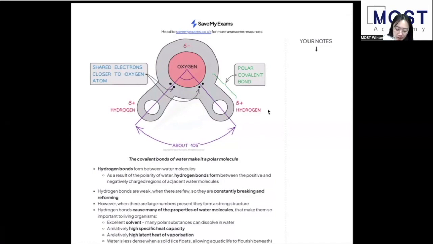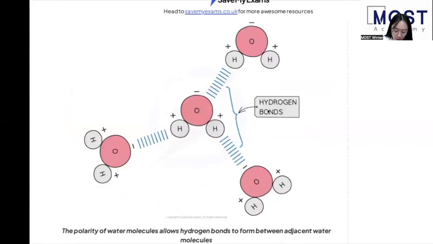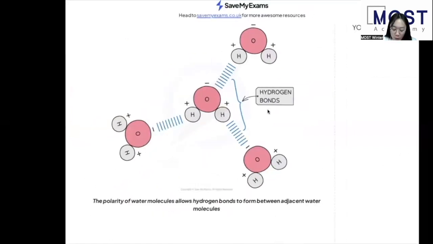So as you can see in this picture, the oxygen is slightly more electronegative and pulls the shared electron towards itself. So it gives a negative dipole, and the hydrogen a positive dipole. So this is what it looks like for water molecules to form hydrogen bonds between each other. We can see there's a hydrogen bond between the oxygen and a hydrogen atom of a different water molecule.